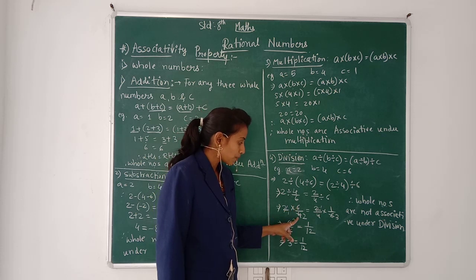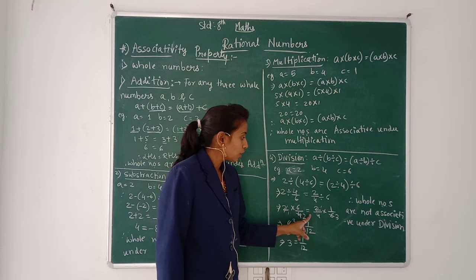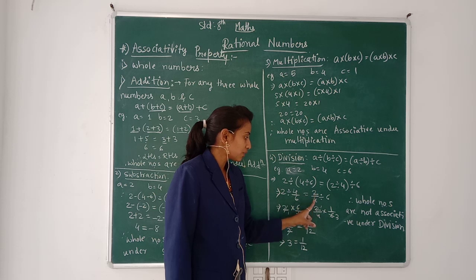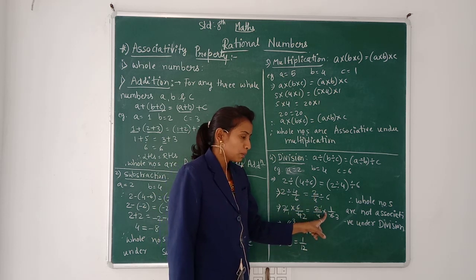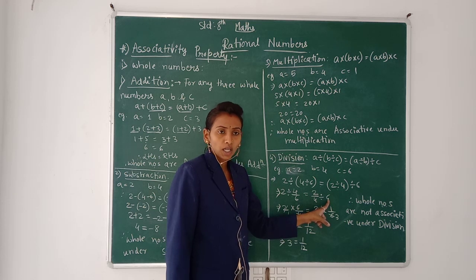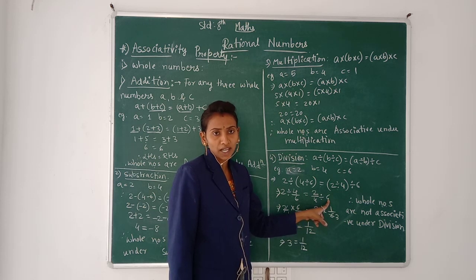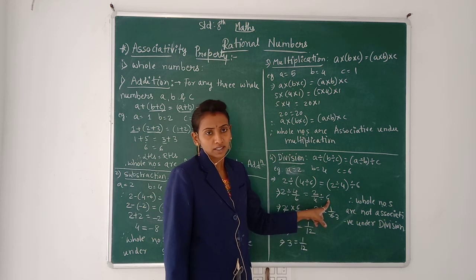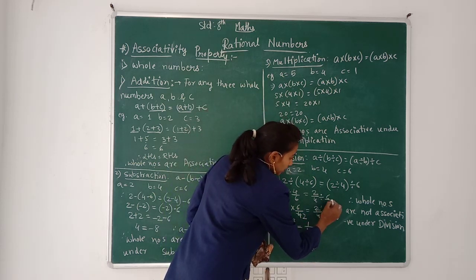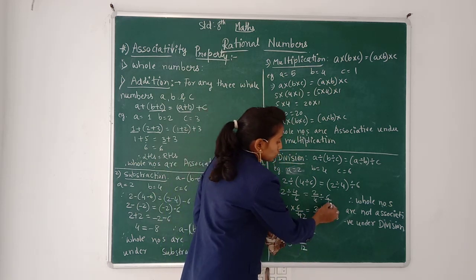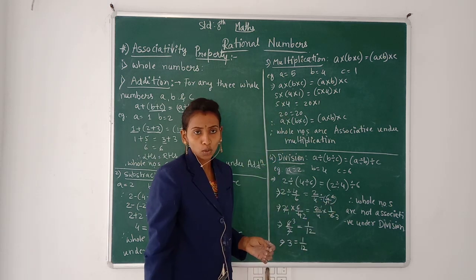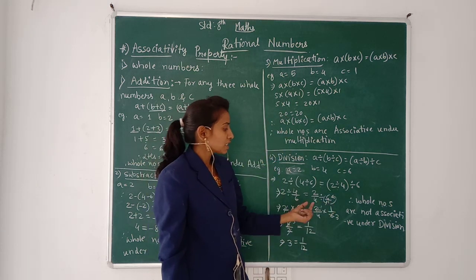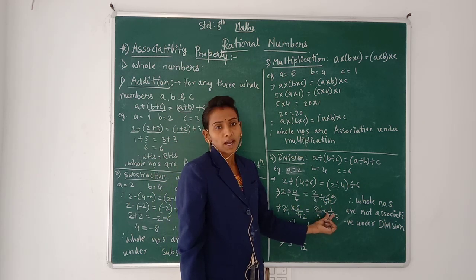That is 6 upon 4, is equal to, you have to keep here the first fraction as it is, that is 2 upon 4, divided becomes multiplication. 6 is the whole number, write the reciprocal of that, means 1 by 6. See, here in the denominator we have 1, means 1 goes to the numerator place and 6 comes to the denominator place. So the reciprocal of 6 is 1 by 6.